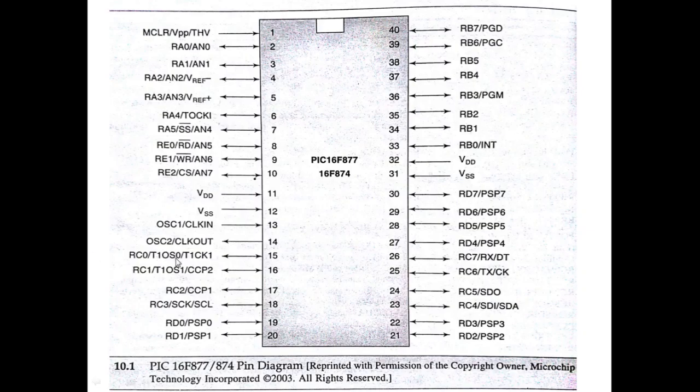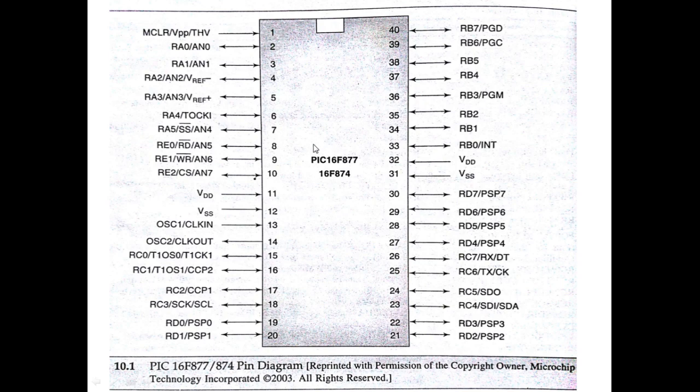Timer 1 oscillator 0, timer 1 oscillator 1. So it is possible that you can connect a crystal here, and that can be used by timer 1 to generate an independent clock signal. So that is the use of timer 1 as an independent oscillator.